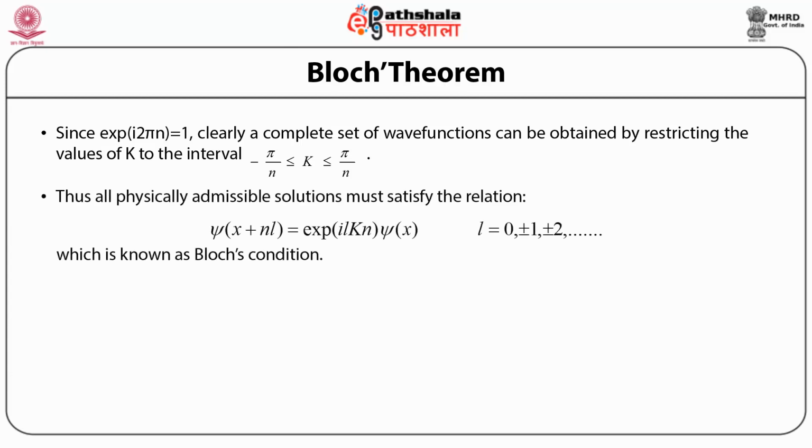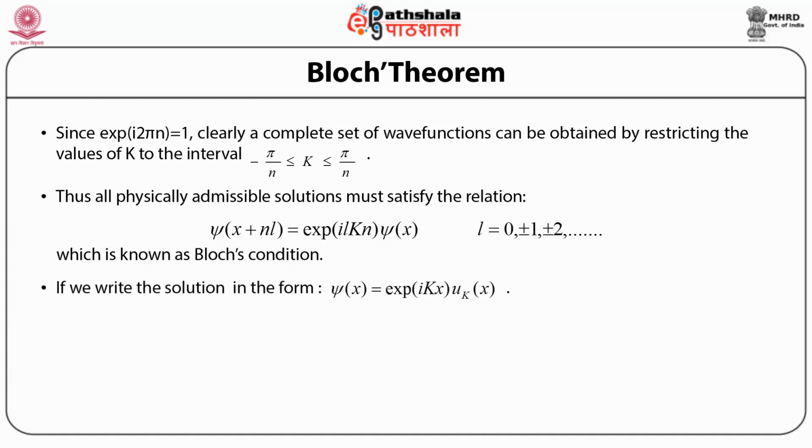Thus, all physically admissible solutions must satisfy the relation psi of x plus nl is equal to exponent of iota lkn into psi of x, where L takes up the values 0, plus minus 1, plus minus 2 and so on, which is also known as Bloch's condition.